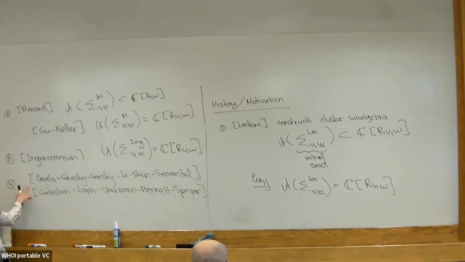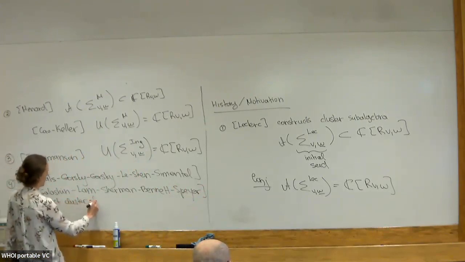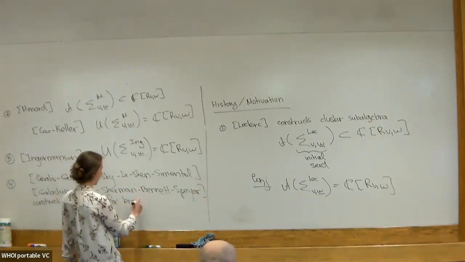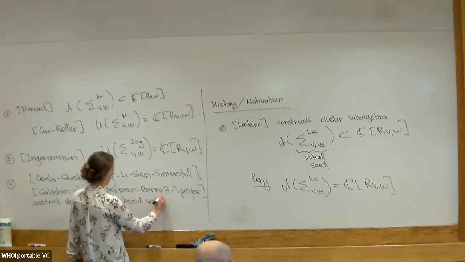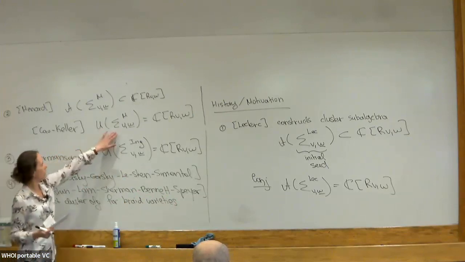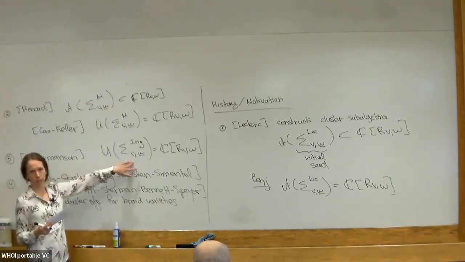So they're independent works, but what they do is they construct cluster algebras for braid varieties, or coordinate rings of braid varieties. And what I raised just here is that Richardson varieties are a special case of braid varieties, and then it follows that the special case of the first construction gives you Menard's seeds, and the special case of the second construction gives you Ingermanson's seed.